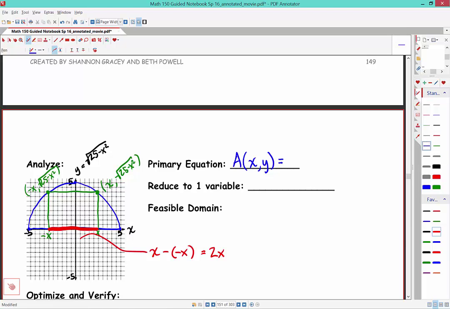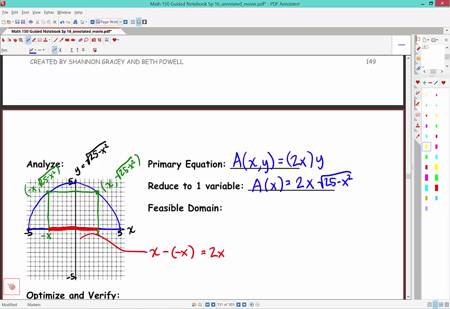So the base is 2x, and then times y. Now, reducing to one variable, the area in terms of x alone is going to be 2 times x times the root of 25 minus x squared, because that is our y.